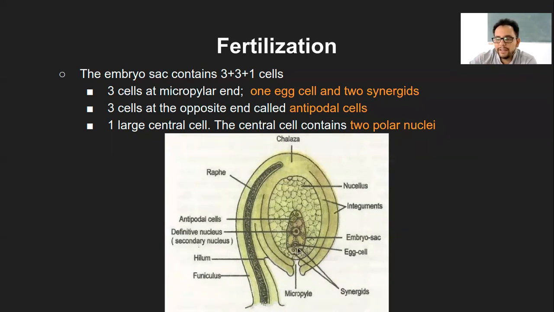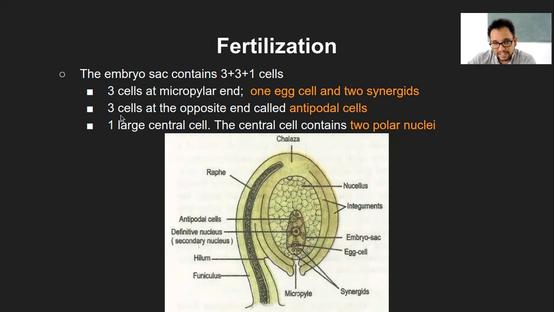The other 2 are called synergid cells. So 1 egg cell and 2 synergid cells are present at the micropylar end, that means towards the micropyle side.